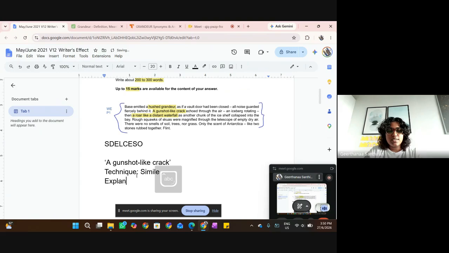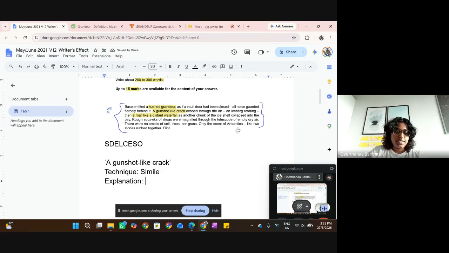So let's just go straight to explanation. So in this case, I wouldn't go for synonyms and definitions, but maybe as I explain, I'm going to think of them. I'm thinking of paraphrasing using my own words. So explanation. So what is being compared to what here? An iceberg rotating. So an iceberg moving, right? An iceberg moving is being compared to the sound of a gun.